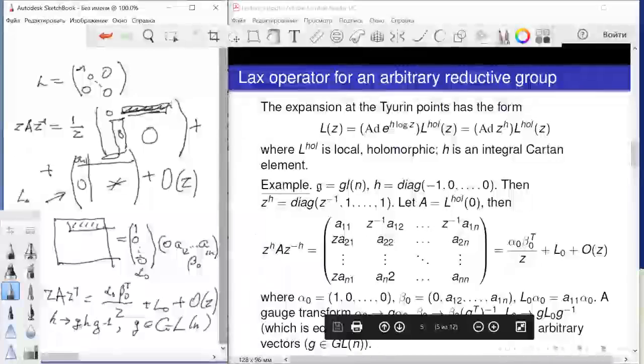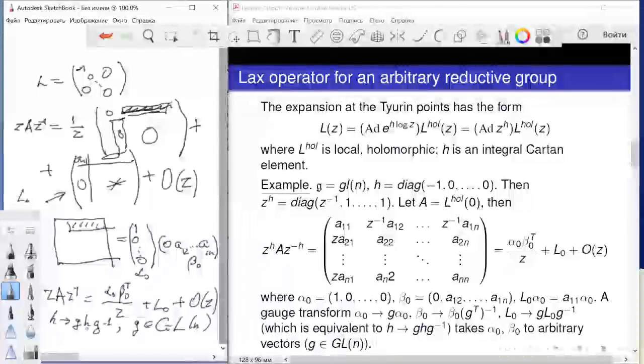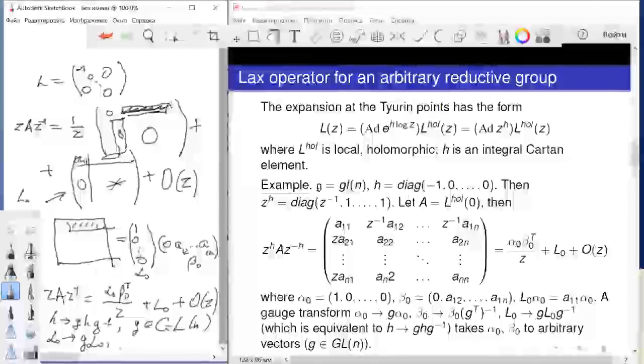If we operate by this conjugation on this equality, we will see that alpha 0 goes to G alpha 0, beta 0 goes to beta 0 G transposed minus 1, and also L0 goes to some matrix and so on.